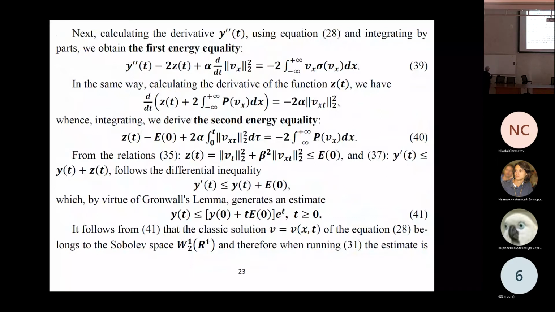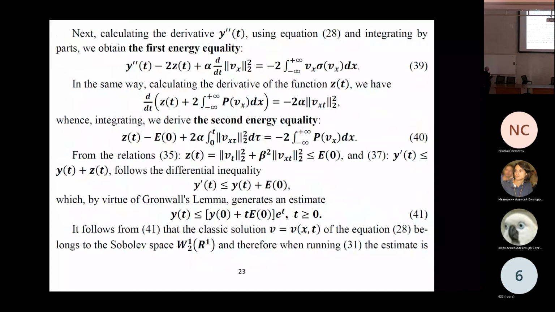Далее, вычисляя производную функции z(t), интегрируя, получаем второе энергетическое равенство, связывающее z(t) и нелинейность сигма. Из соотношения 35, я здесь повторяю его, и неравенства 37 для производной мы выводим дифференциальное неравенство, откуда сразу получается оценка интеграла энергии на всей полуоси.